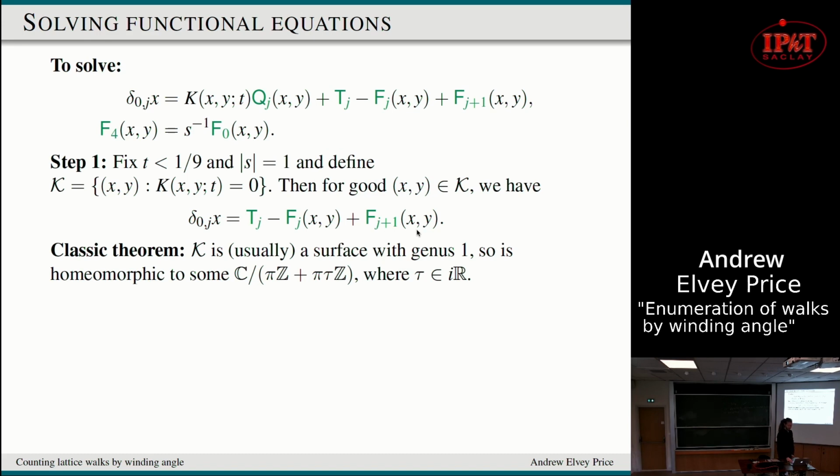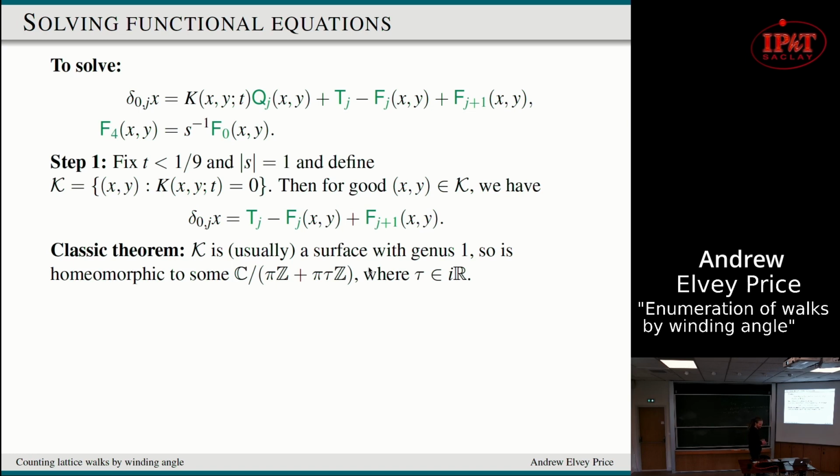And this is where I can finally answer this question about the surface of genus 1. The surface of genus 1 comes up because this curve on which the kernel is 0 is almost always a surface of genus 1. At least it's a surface of genus 1 in all the interesting cases that I'm considering.